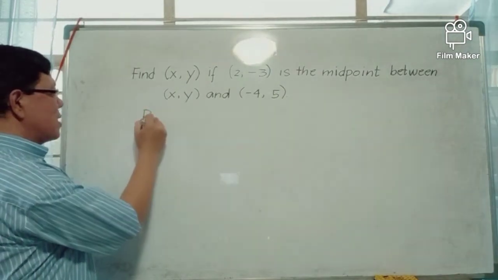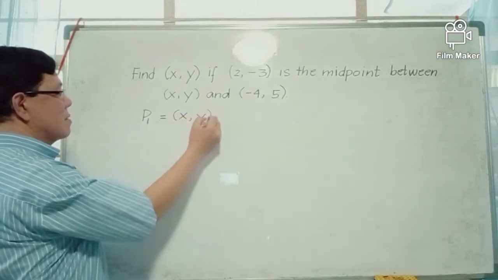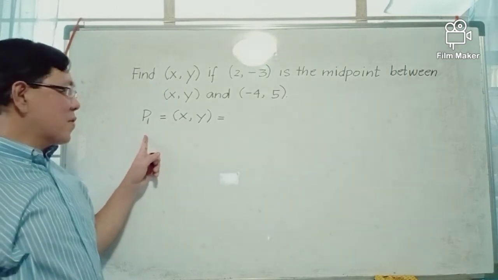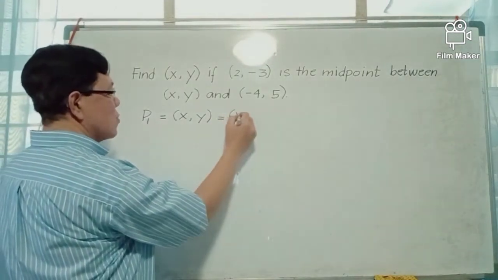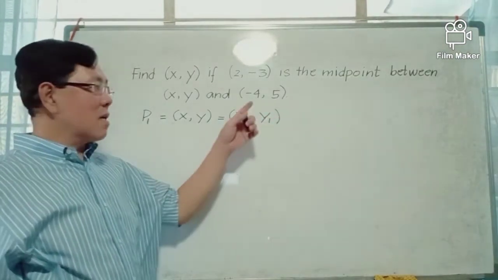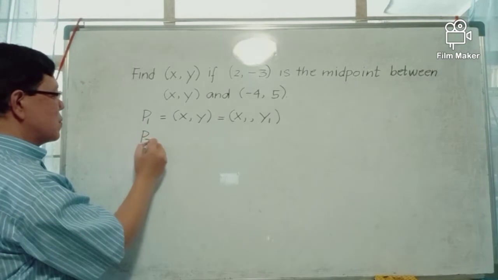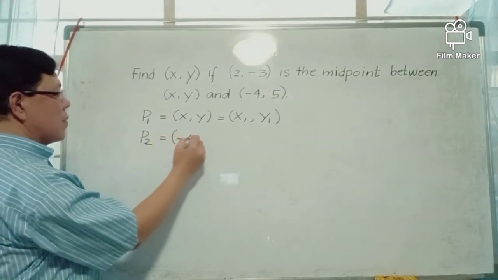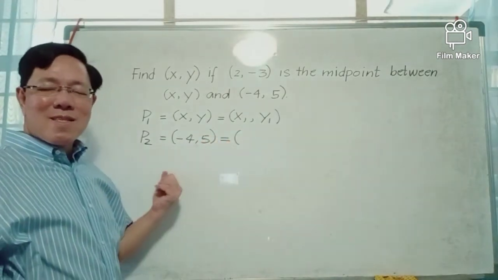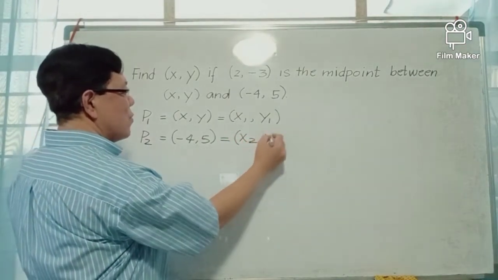We let P1 be the point (x, y). So in the midpoint formula, this is actually the first point given with coordinates (x1, y1). And we let the second point, (-4, 5), be the point P2. In the midpoint formula, this is the second point with coordinates (x2, y2).